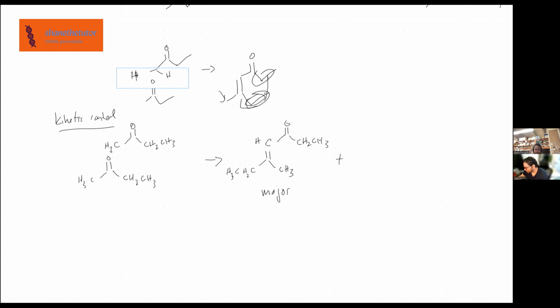And the minor product will be essentially what I wrote initially. So that would just be like this, with the bulky side on the same side as the other larger side.